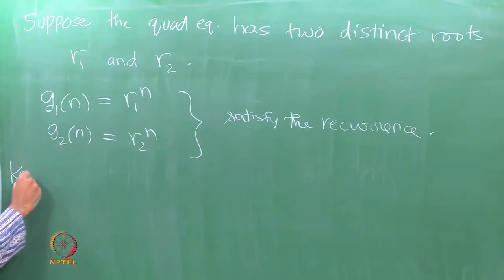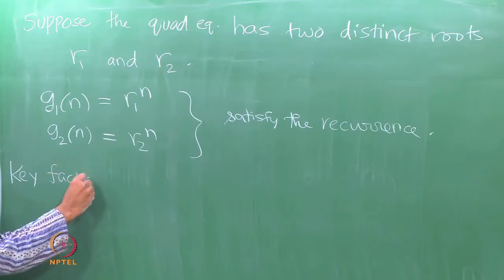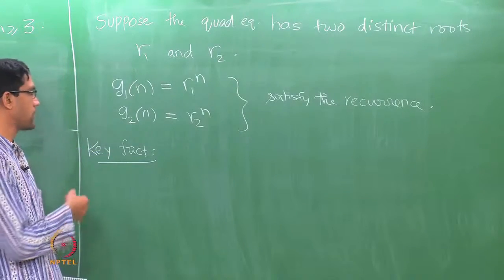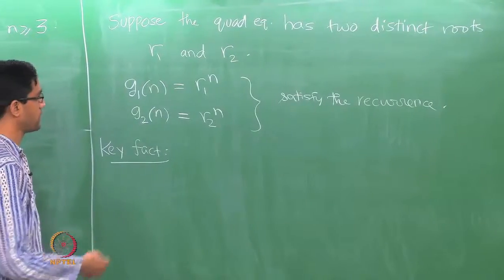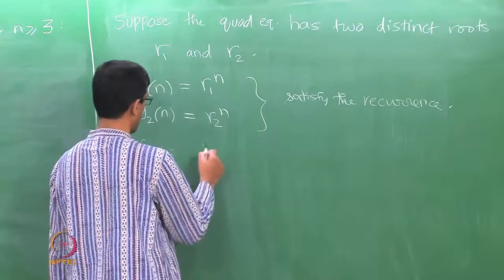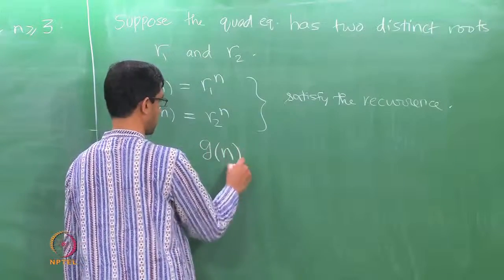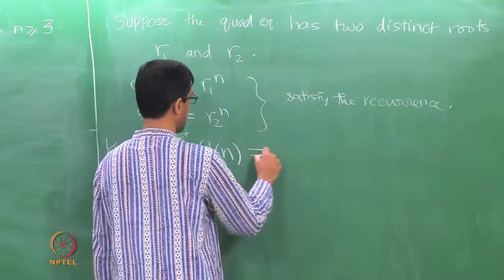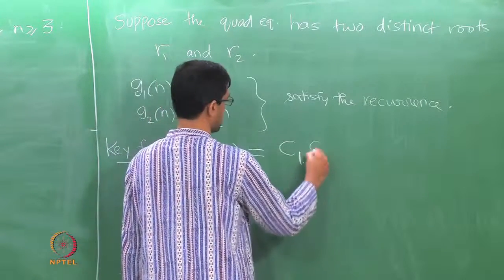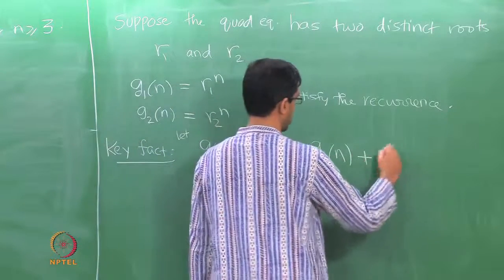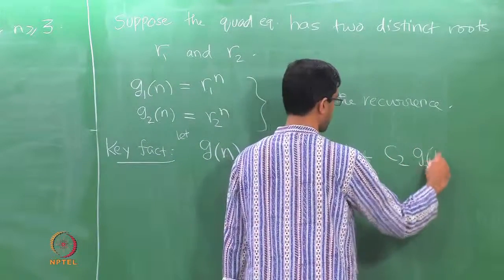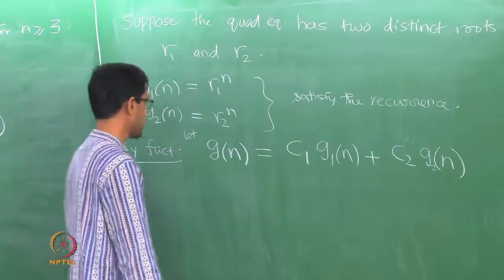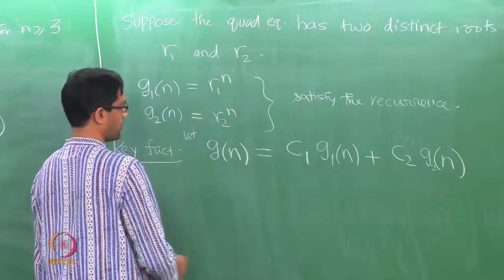And here's another key fact which tells you how to manufacture many more sequences which satisfy the recurrence, starting with two such sequences. If you know two sequences which satisfy the recurrence, the key fact is the following: if you form any linear combination of these, so you define G of n to be some constant C1 times the first sequence plus another constant C2 times the second sequence, what we have called before a linear combination of these two sequences, then any linear combination will also satisfy the recurrence.